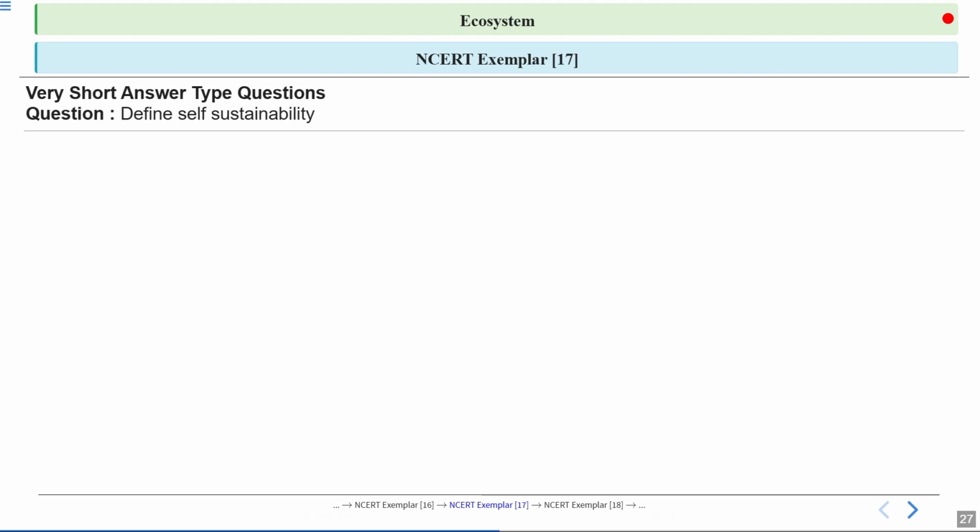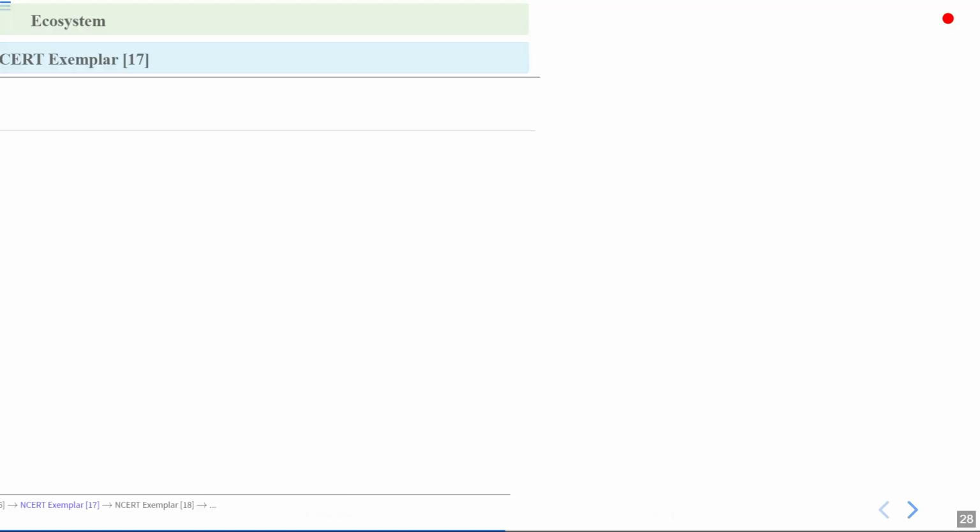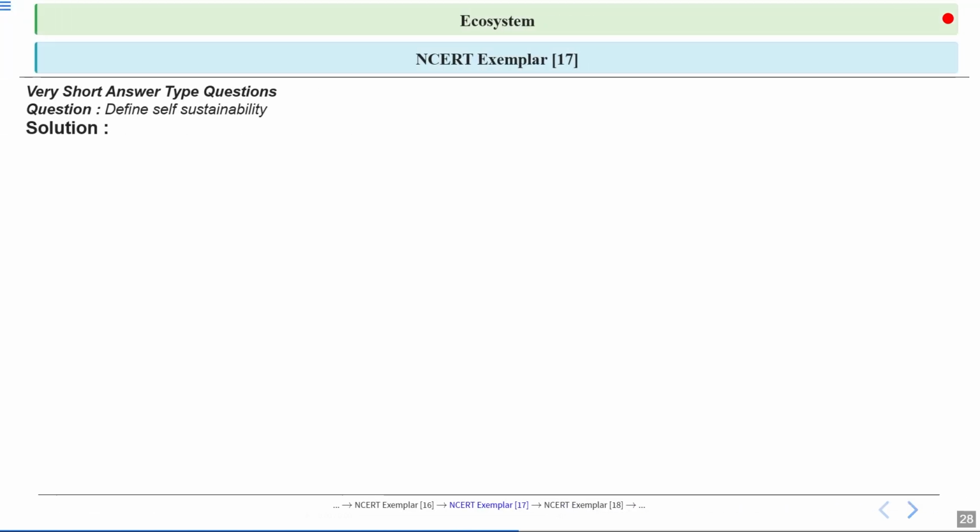Next question: define self-sustainability. Let's have a look at the answer. Self-sustainability refers to the ability of an ecosystem to maintain itself naturally. This means that the ecosystem has all the necessary components and processes in place to support life without needing outside help.